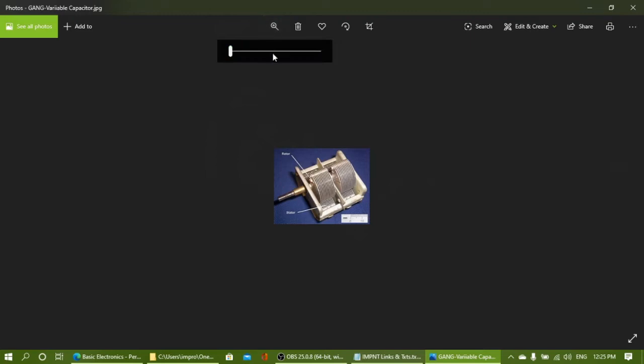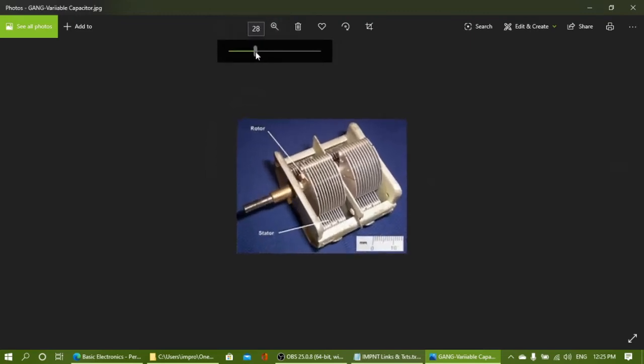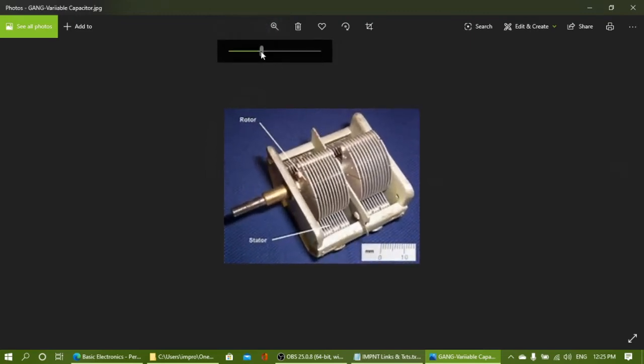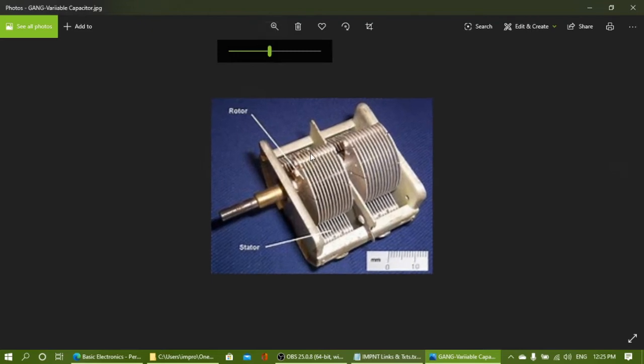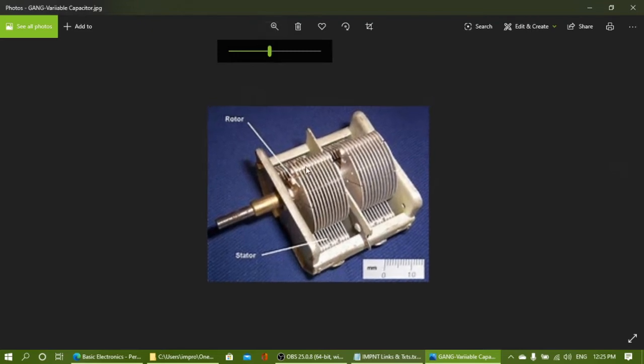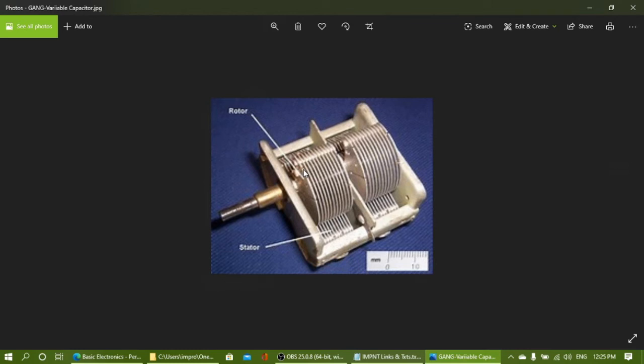Next, this is a conventional mechanical gang type capacitor. In the previous days, when microelectronics technology had not come, it was used mainly in radio receivers, AM and FM radio receivers. In these receivers, this mechanical gang was used to tune the stations. Why is it called a gang?